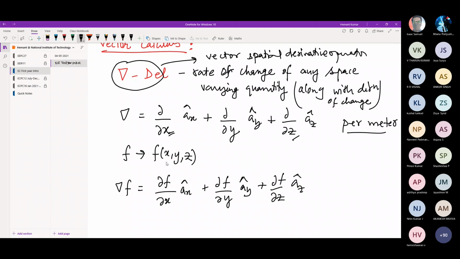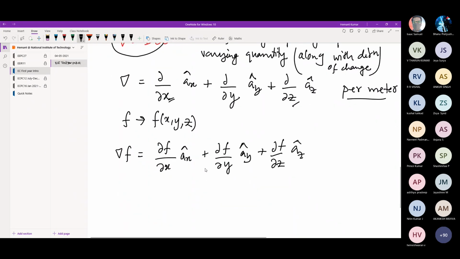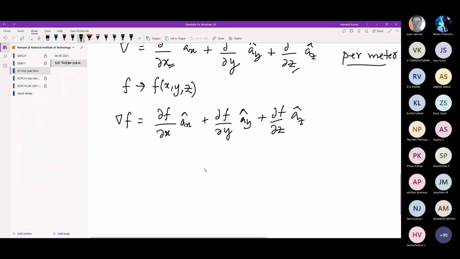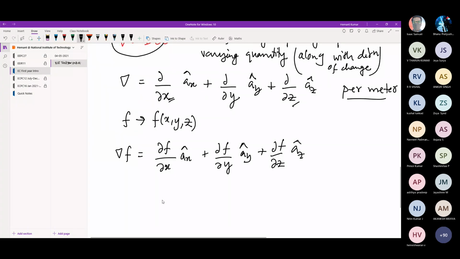Okay. So this operator can be applied to a scalar quantity, and when we apply it to a scalar quantity like we did in this case, then it is known as the gradient of that scalar. So when we apply del to a scalar, it is known as the gradient of that particular scalar.